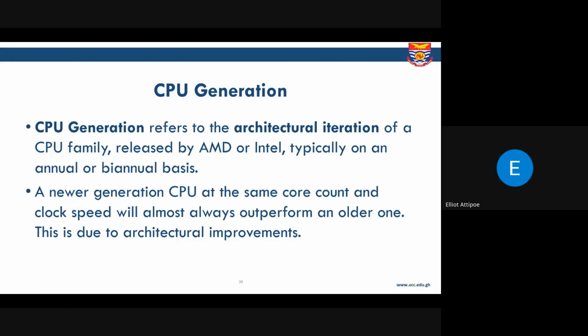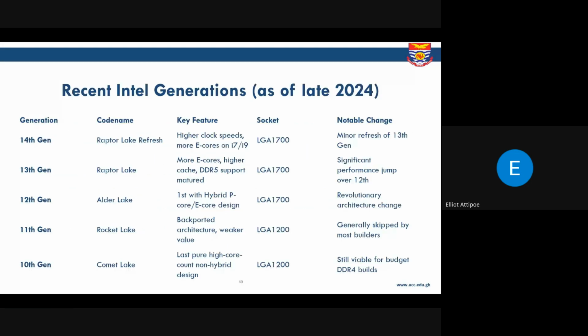Okay, so if you are looking at Intel, their current generation is the 14th. Okay, and each one comes with different technology, different architecture that makes it perform better, or it comes up with several cores and some few other things. So you are always better off going for one with a new generation.